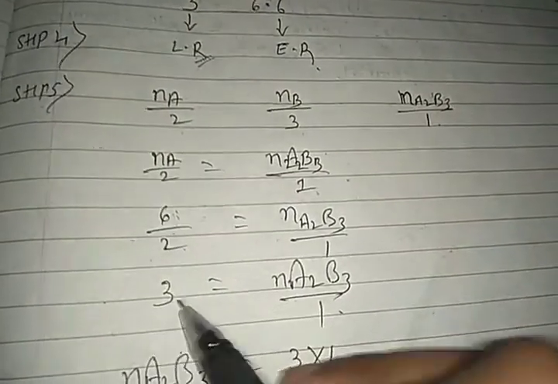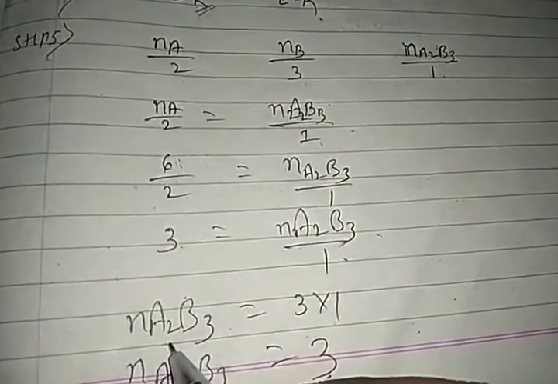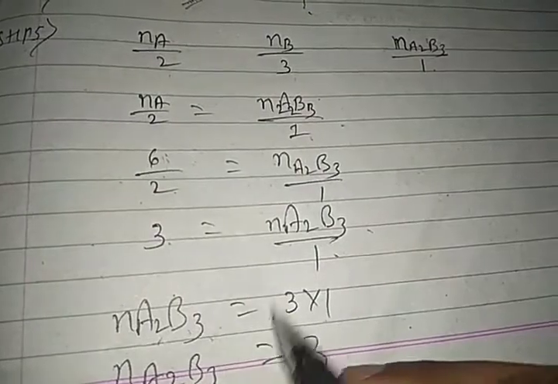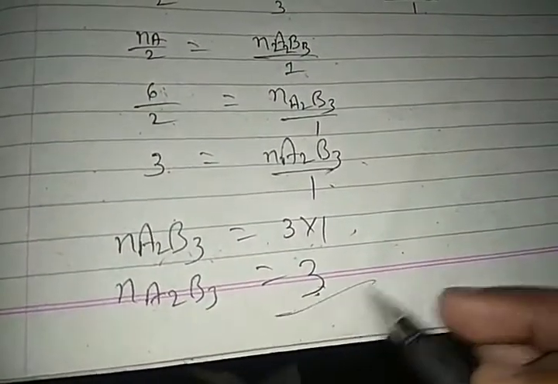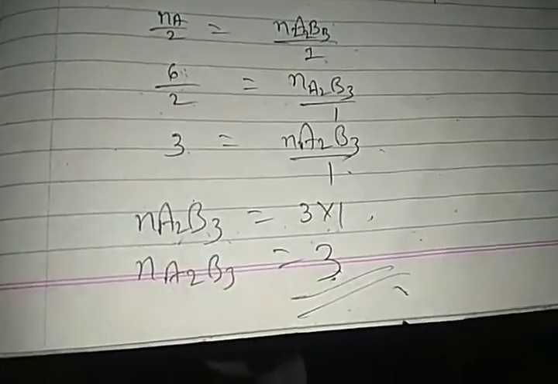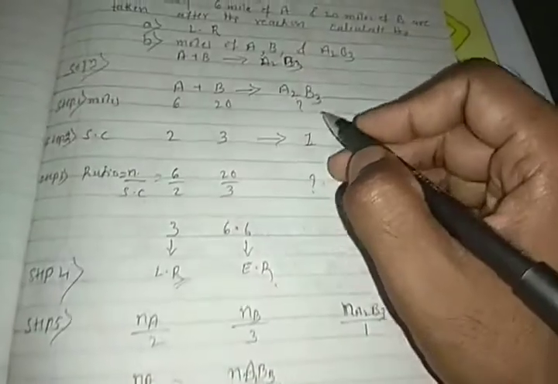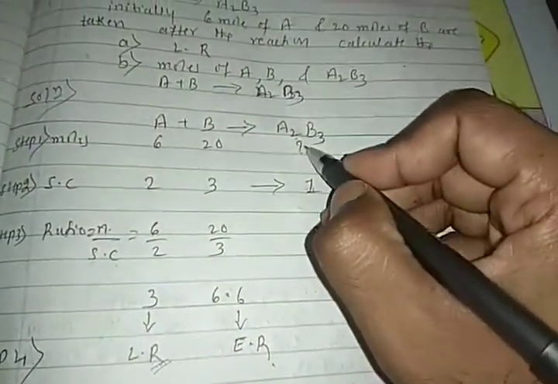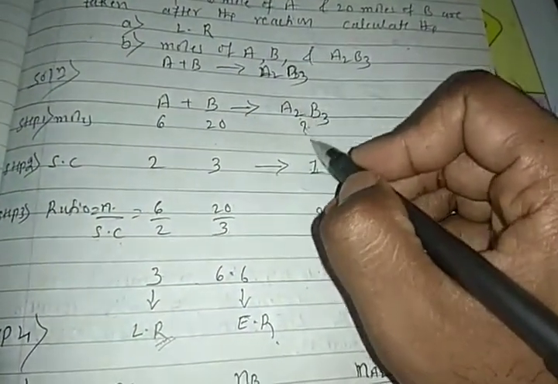Then we got 3. So n of A2B3 is 3 into 1 by 3, that is, the number of moles of product is 3. Right, students? So the product is 3 moles. The answer is 3 moles.